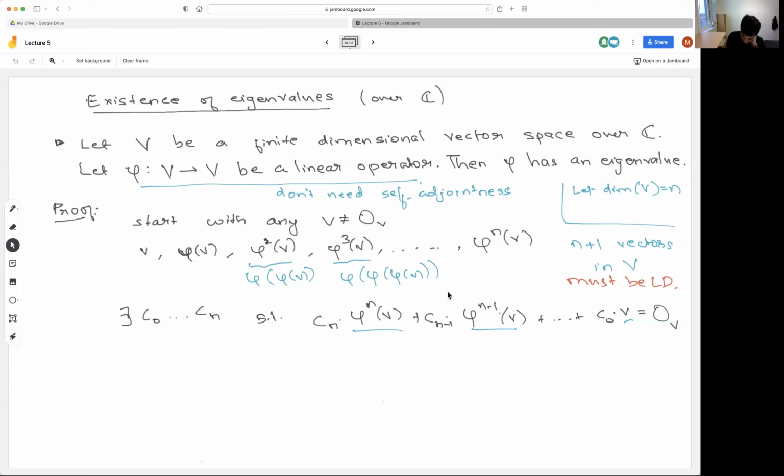And now we just go back to our polynomial. We want to think of what we are doing here as applying a polynomial in the operator phi to the vector v. So formally speaking, consider the polynomial with the same coefficients as above, but now in some variable x.